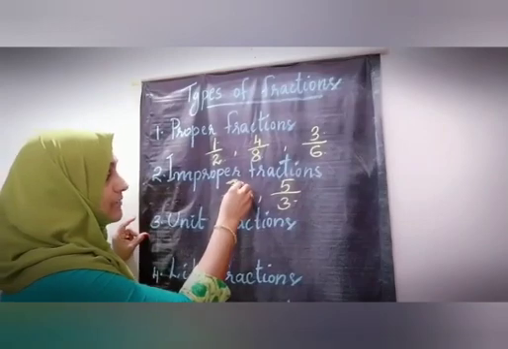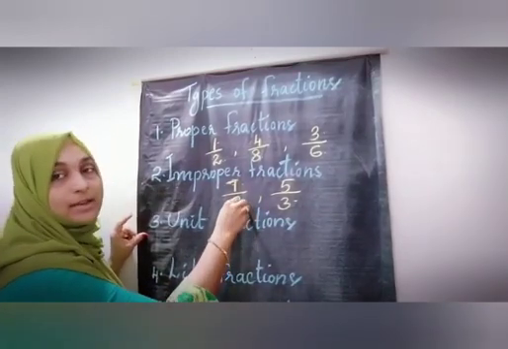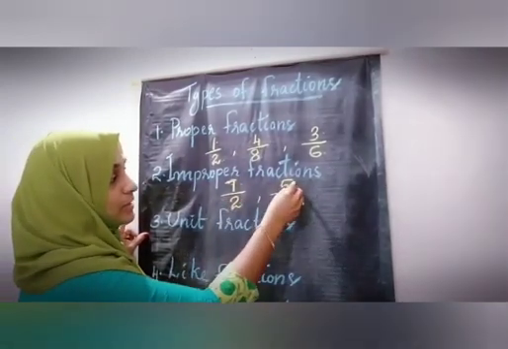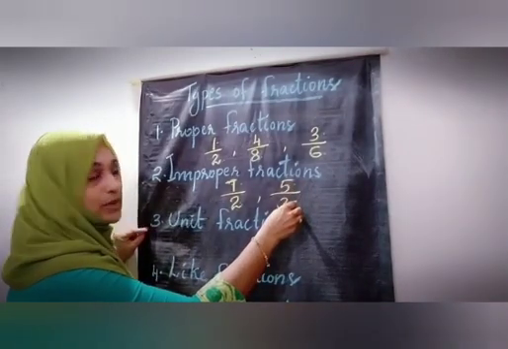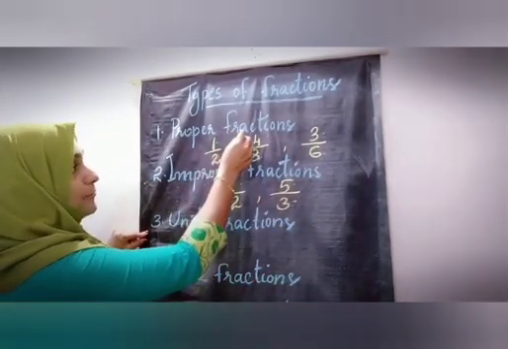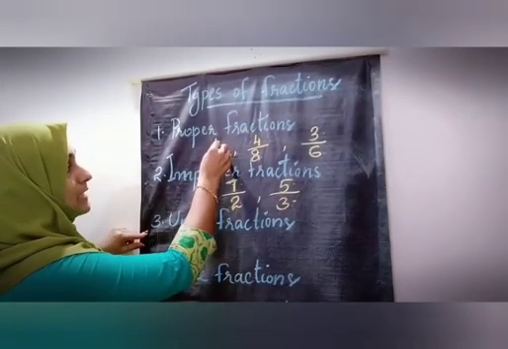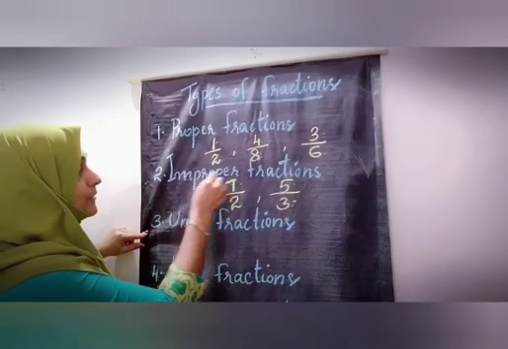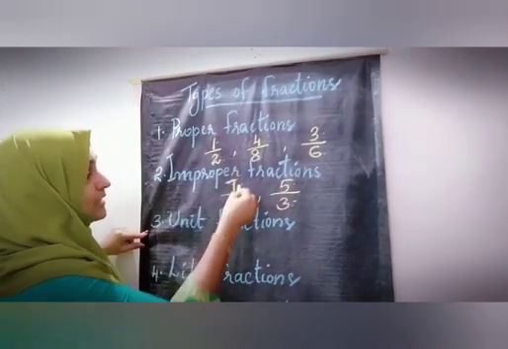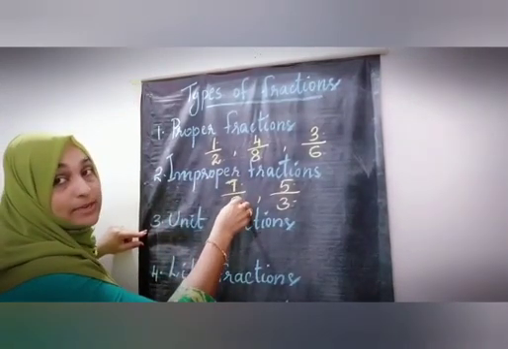Here 7 is the numerator, 2 is the denominator. Here 5 is the numerator and 3 is the denominator. So in proper fractions, the numerator is lesser than the denominator. In improper fractions, the numerator is greater than the denominator.